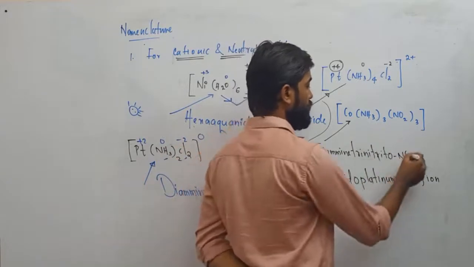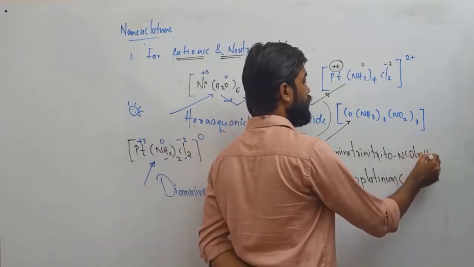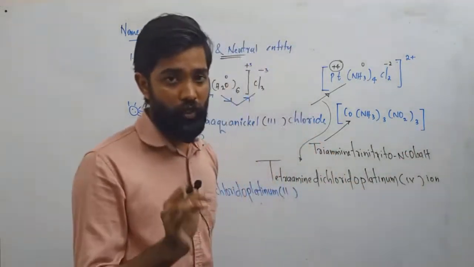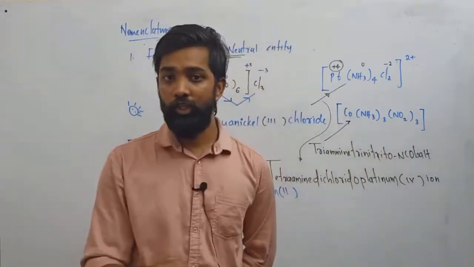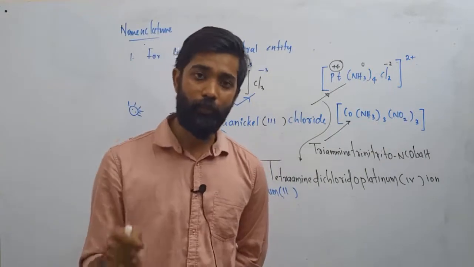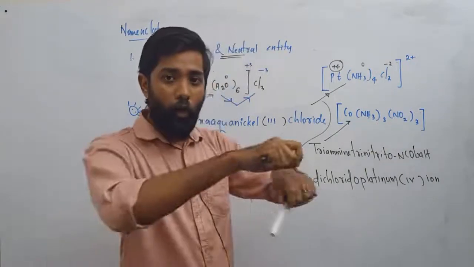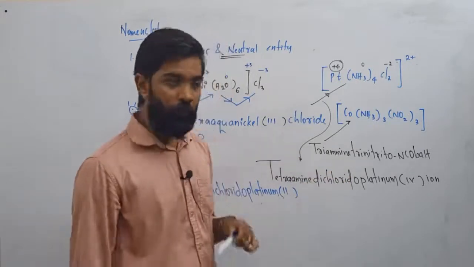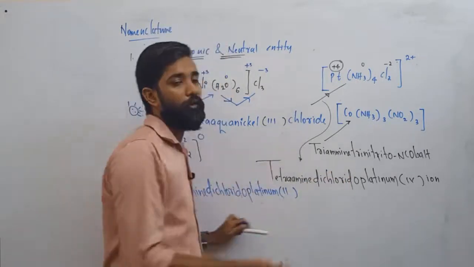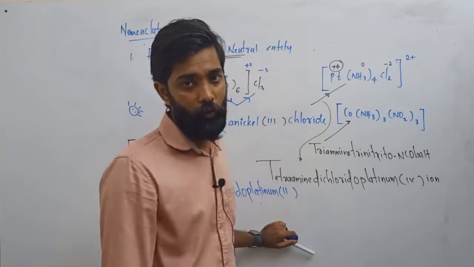Now, your central atom, fine, that's cobalt. Usually, the species which are enclosed in the square bracket, which means the coordination entity, which means ligands plus central atom, are all written without any space. The space may be created in between the counter ion and coordination entity.